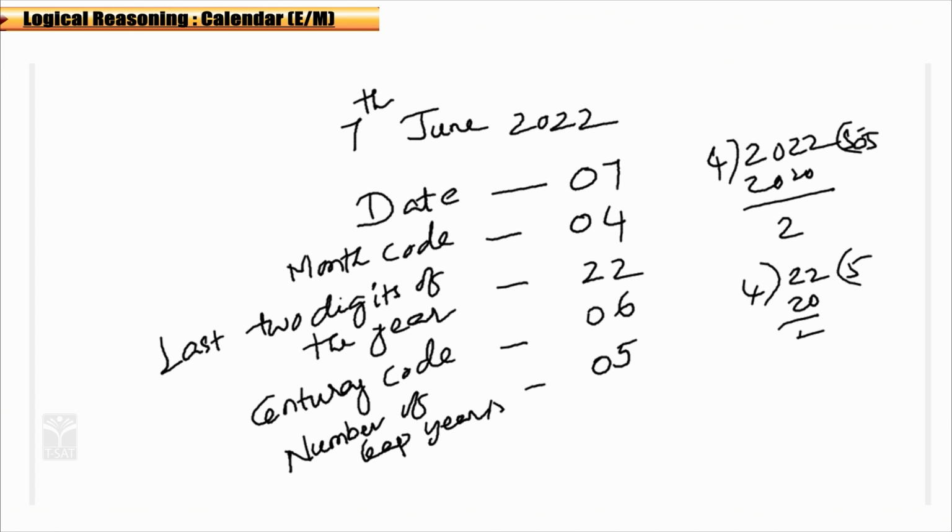Clear, okay. The number of leap years is also completed. Then you have to add all these things. Now the first one, what is the first one here? 7. The first one is 7.